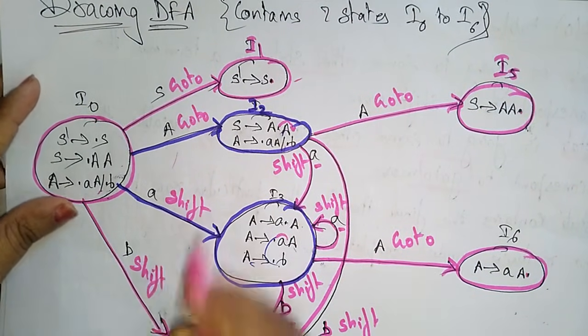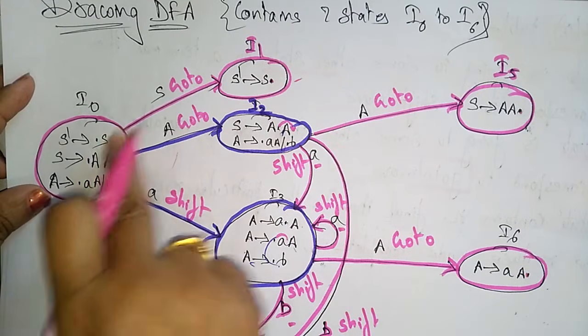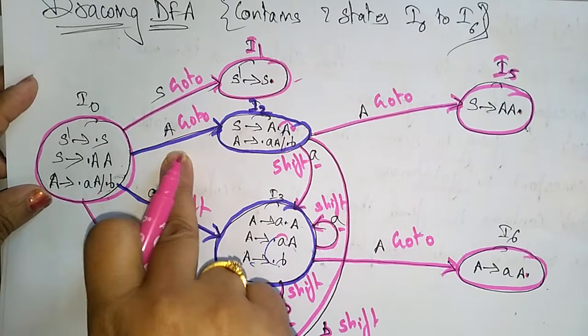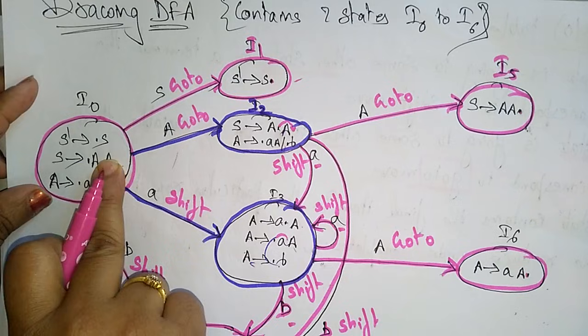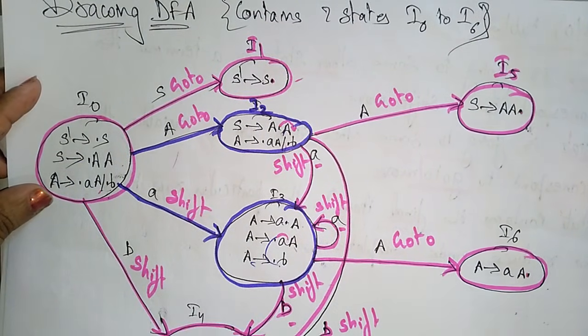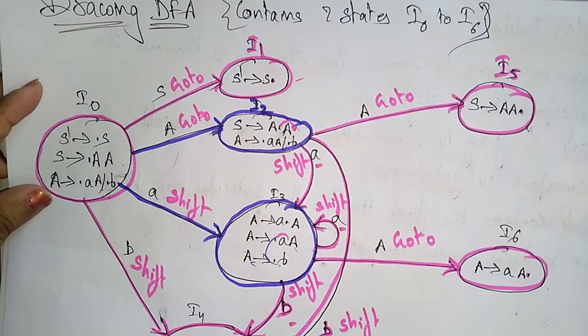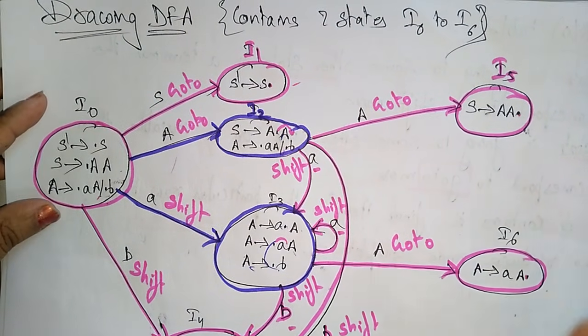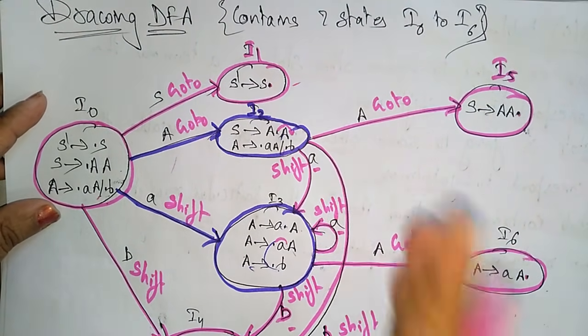So don't be confused. If a variable is going from one state to another state, we call it a goto, and if a terminal is going from one state to another state, we call it a shift or an action. So the parsing table will be using these two concepts, goto and action.